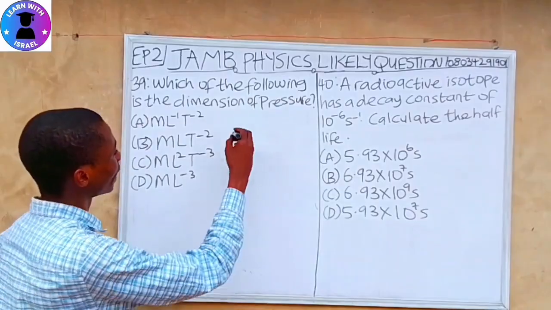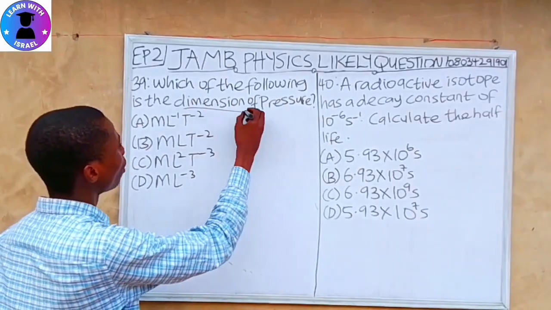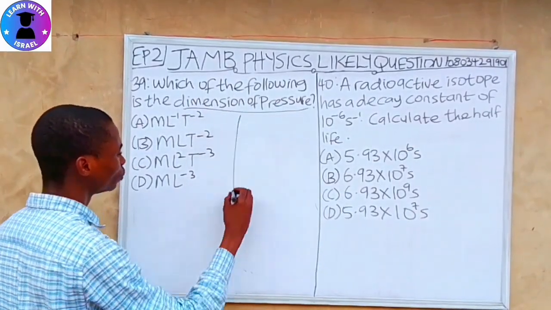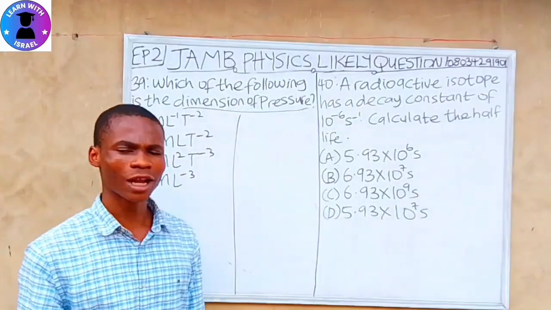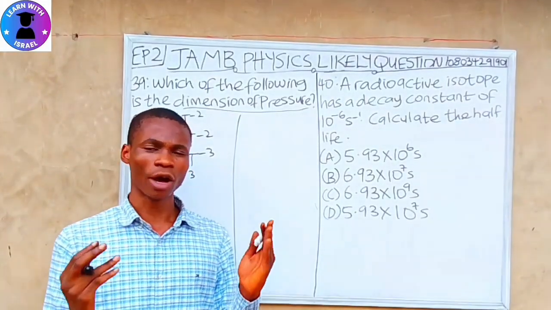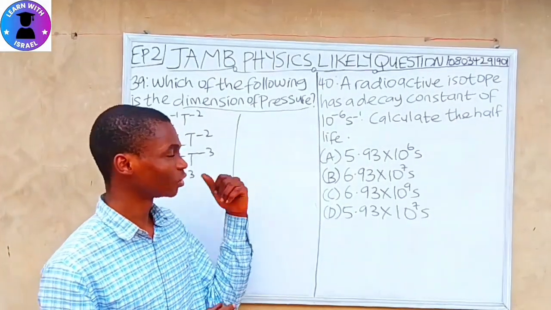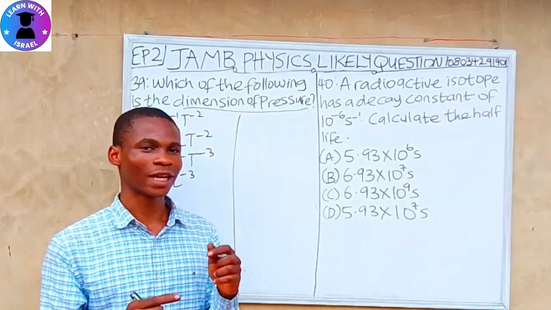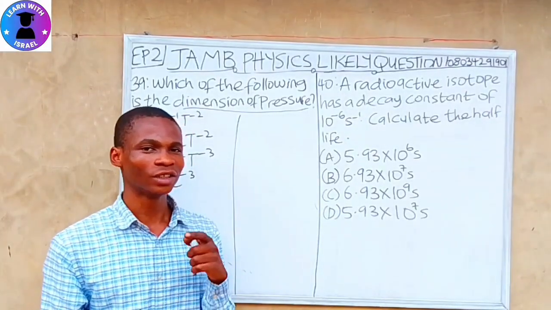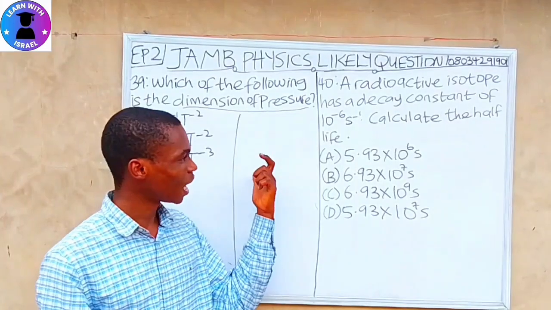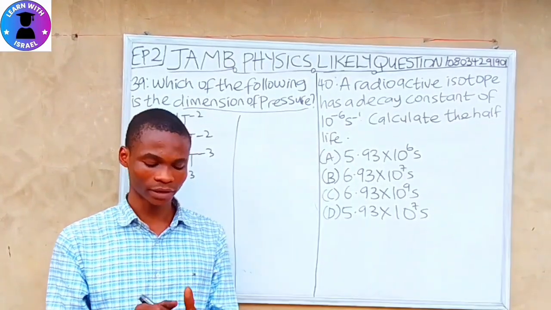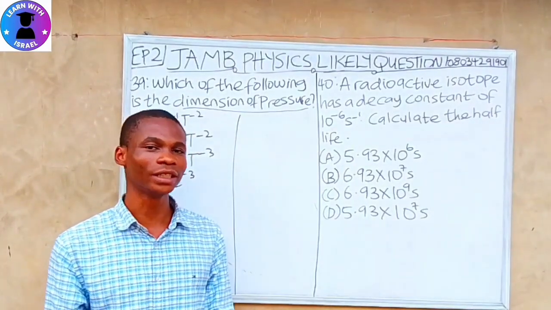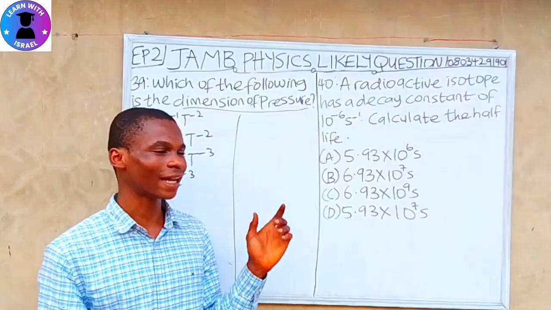So guys, before we do anything, we need to know the formula for pressure. Guys, what's the formula for pressure? I hope you are solving this question as I am also solving. So keep solving and make sure you drop your answer in the comment section for this particular question. JAMB always repeats this question every year. Don't treat this question lightly.